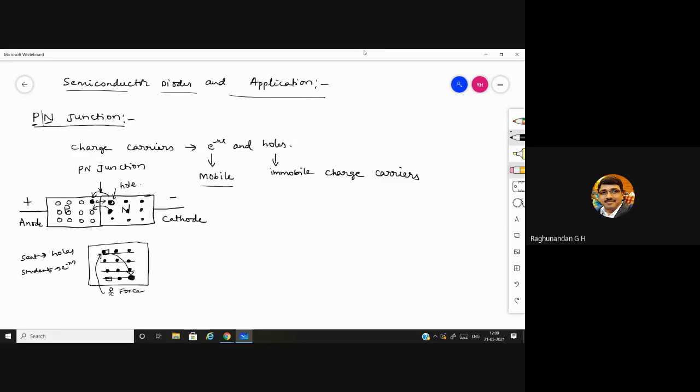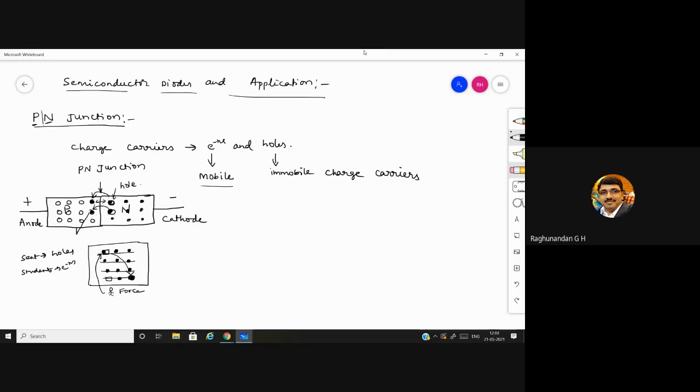Only the positive and negative charges which are very close will combine, not all. So only the electrons and holes which are near this junction will be combining. This hole and this electron cannot combine because they don't have that much attraction because of the distance between them. So now, when this electron shifts here, this becomes electron and this becomes hole.